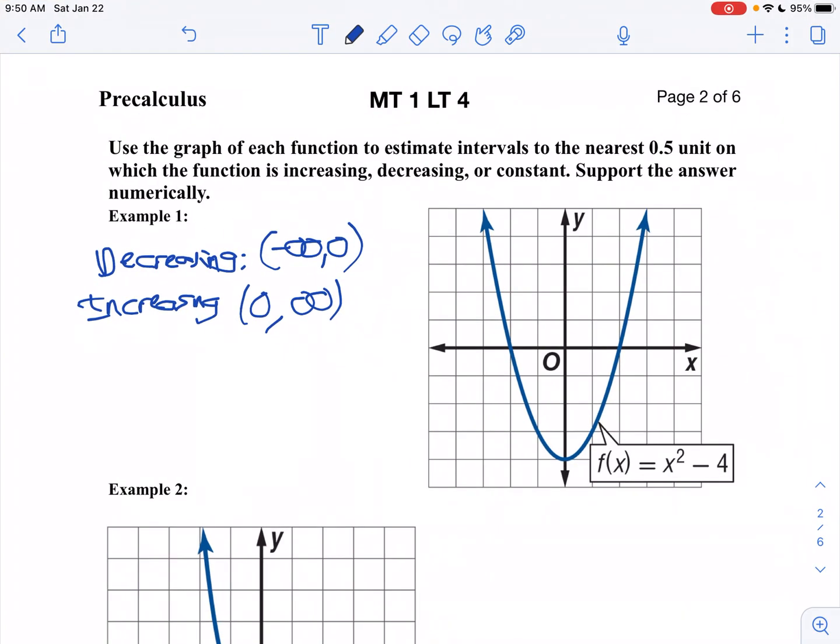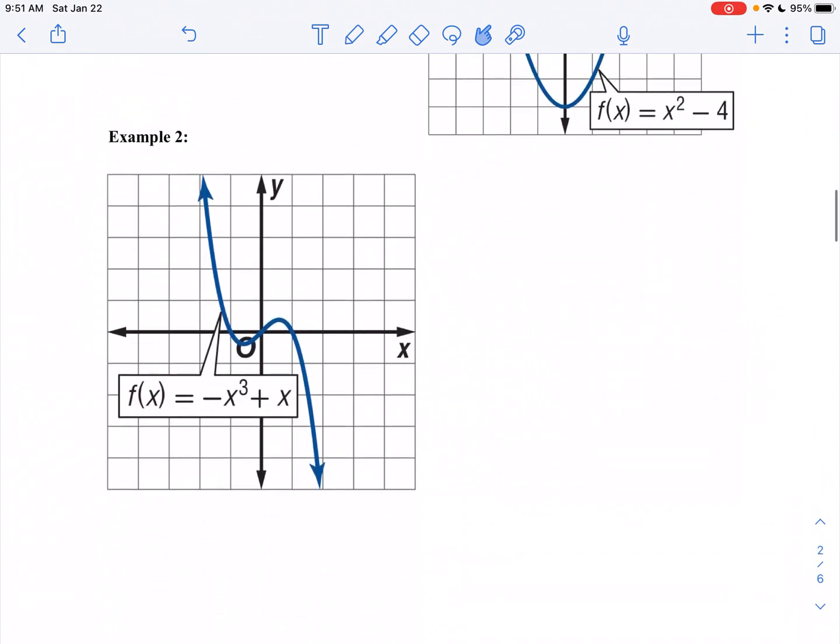Let's take a look at another one here. Now, we got a little bit more going on here, don't we? So I definitely see, I always have to go left to right. So it's decreasing from negative infinity to looks like about a half, right? So I'm going to say it's decreasing from negative infinity to negative 1/2.